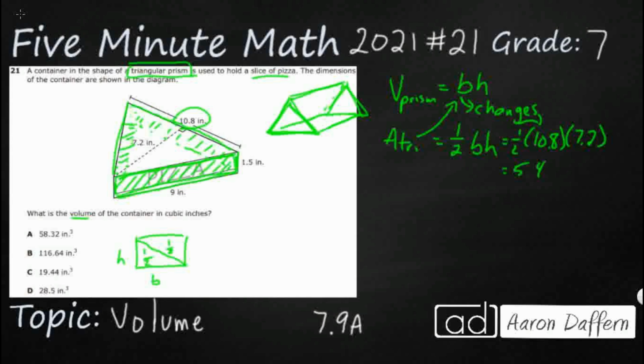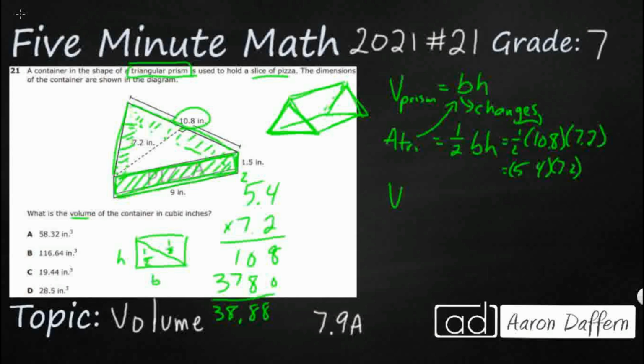That's just going to make my multiplying a little bit easier. 5.4 times 7.2. 8, that's 10, that's 28, and that's 35, 37. All right, so 38.88.